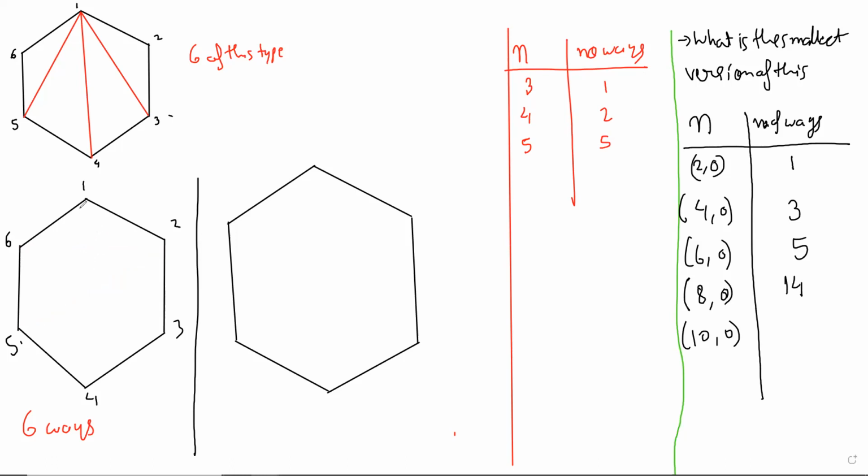Let me just draw it like this. So these are the 2 types. So I'm doing casework on the vertex 1 kind of. What is the other way? What could be the other possibility around the vertex 1, the lines coming from 1?